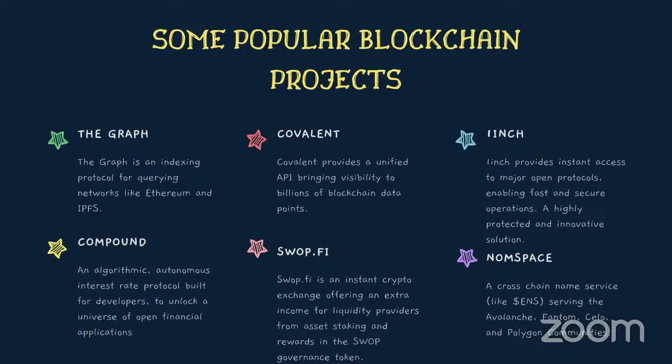So we have Covalent. Covalent is an API platform where you can get blockchain data. Covalent provides a unified API, bringing visibility to billions of blockchain data points. It's actually not the same thing as The Graph, but Covalent indexes blockchain data too.